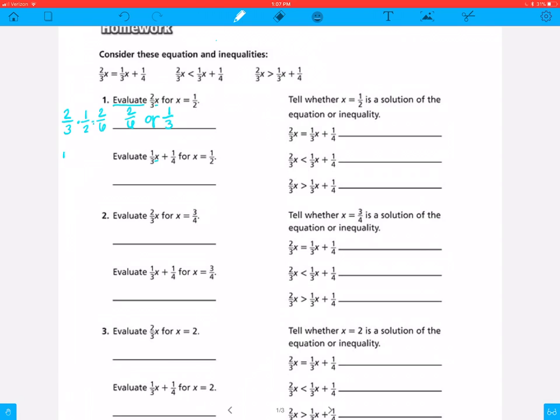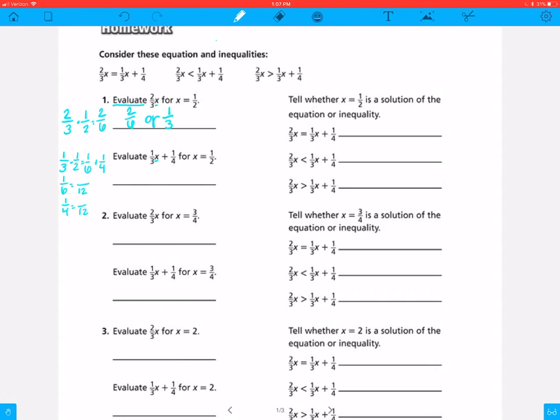Now I'm going to multiply the 1/3 and the 1/2, and I get 1/6, and I will be adding 1/4 to it. Now, if I remember back to working with fractions, I have to have a common denominator to add the 1/6 and the 1/4. That common denominator is 12.